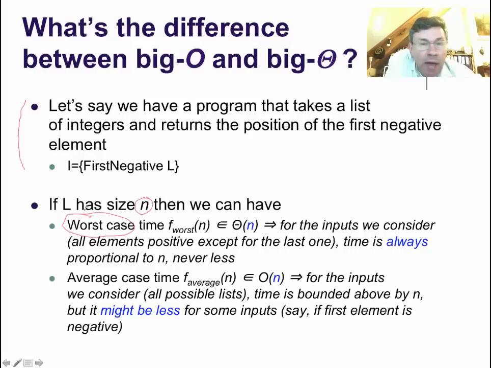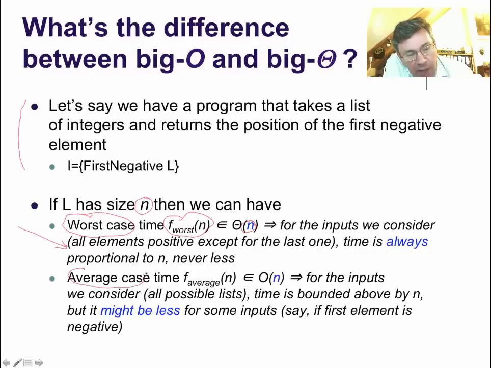So we have to choose the list inputs that give us worst case. So we're going to choose only lists where all the elements are positive except for the last one, which is negative. In that case, for all of those lists, the time will be proportional to n. So the worst case will be theta n. It's always proportional to n, never more, never less.